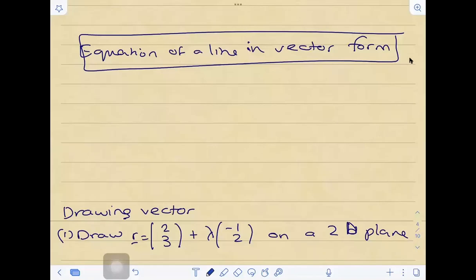We're just running through the equation of a line. So the equation of a line is basically equal to the point plus the parameter times the directional vector.